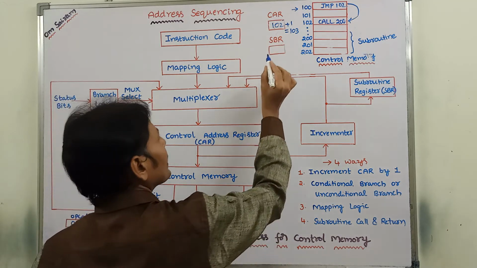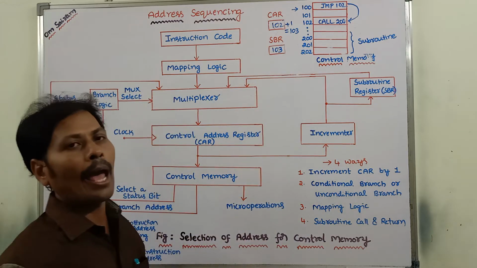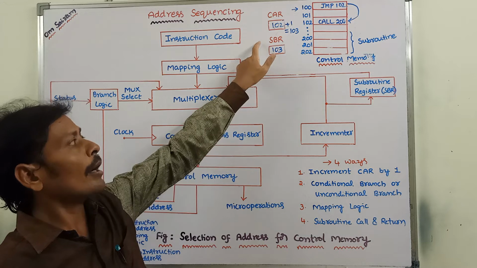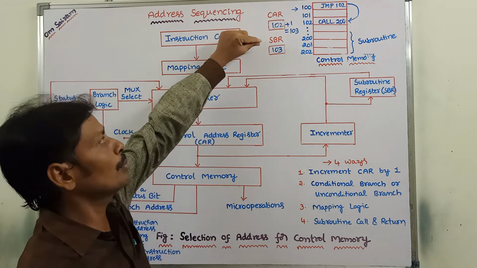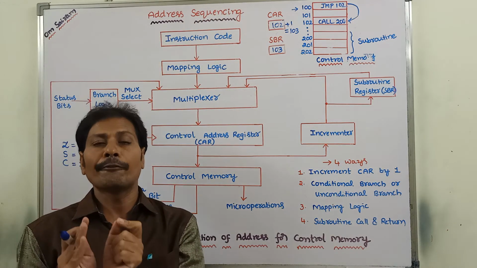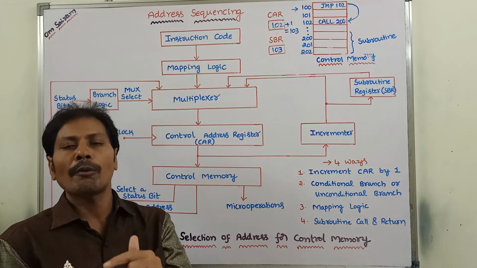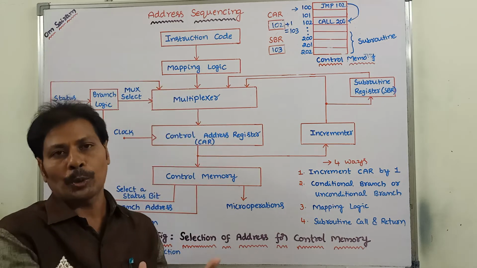That return address is stored in a register called the subroutine register. So SBR is nothing but the subroutine register. This subroutine register contains the return address from the subroutine. That means we simply have to return from the subroutine to the main program.